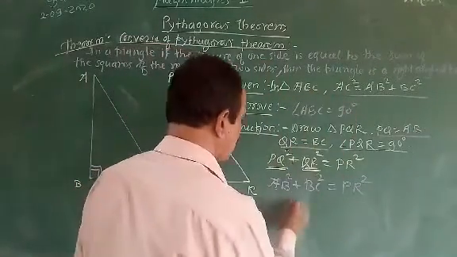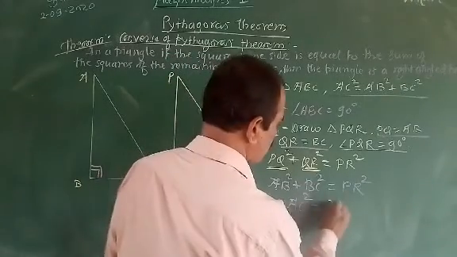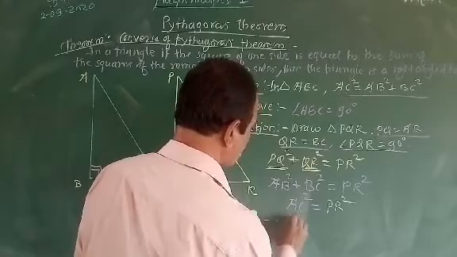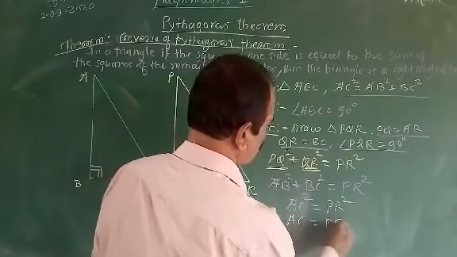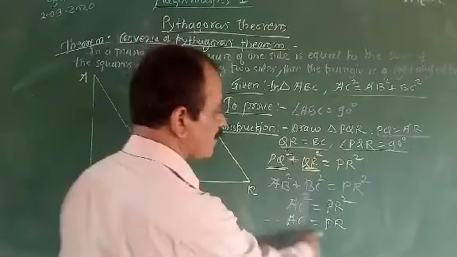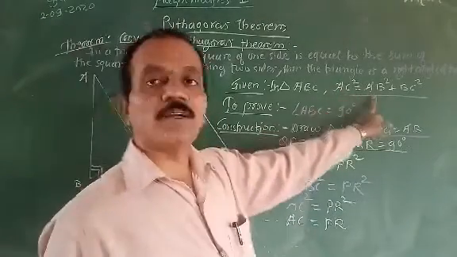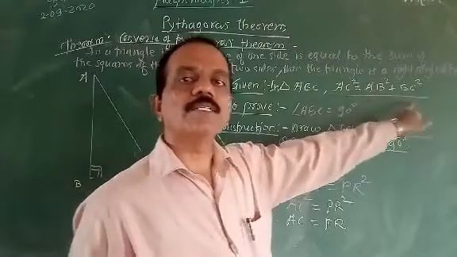So we write AC square is equal to PR square. Therefore, AC is equal to PR. This follows from the given AC square is equal to AB square plus BC square.